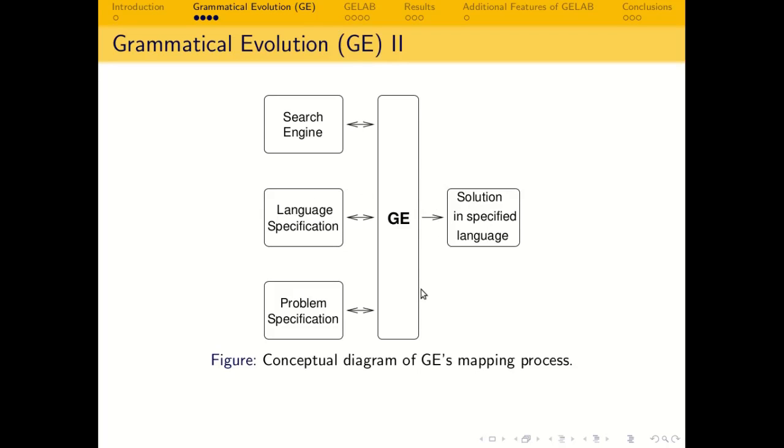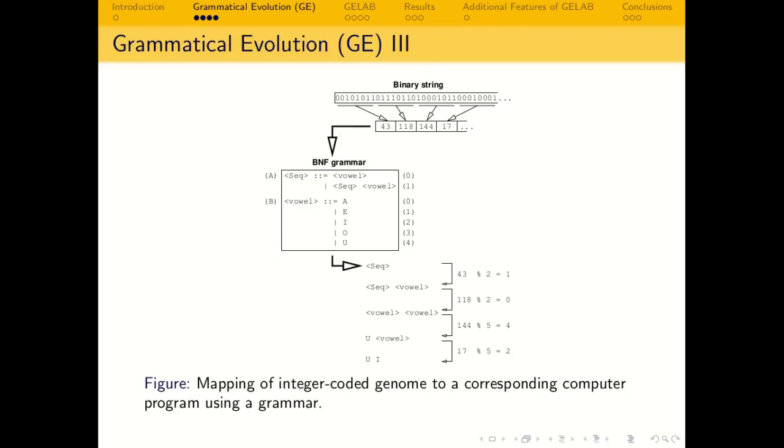They are tested using the problem specification, and solutions are evolved generation by generation. To this point, I'm assuming that my audience has a background in evolutionary algorithms, so you know a little bit about an evolutionary algorithm.